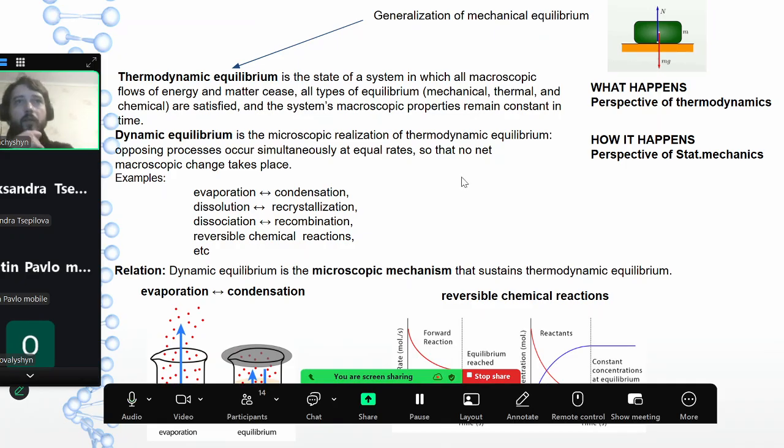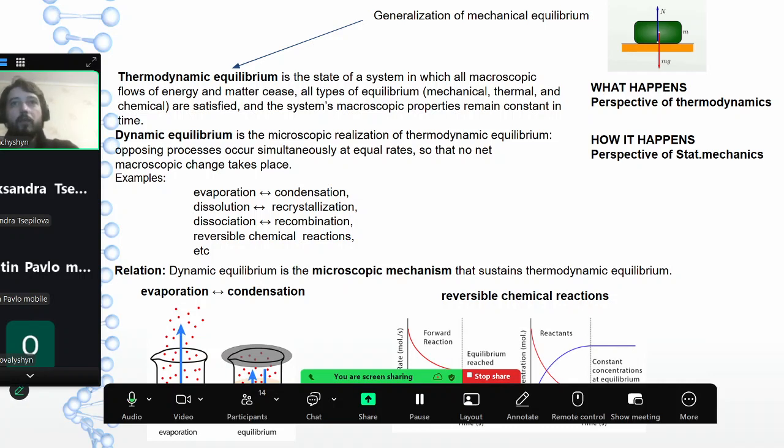Regarding equilibrium, this is so-called thermodynamic equilibrium. It's a state of a system in which all macroscopic flows of energy and matter cease, and all types of equilibrium, mechanical, thermal, chemical, are satisfied. And all macro states become constant.